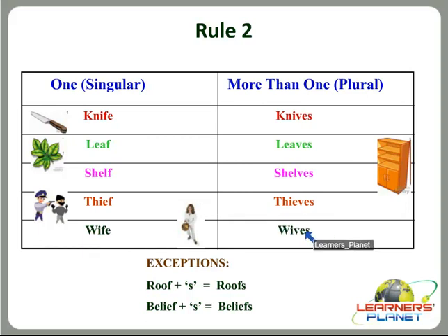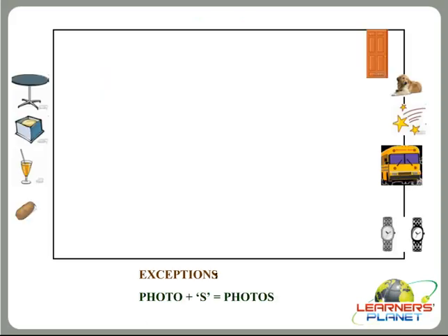Now students, before I take you to the next slide, I would like to show you some exceptions. Exceptions means that the rule is not true for those words. So if you remember the S and ES rule, it has one exception. What is it?